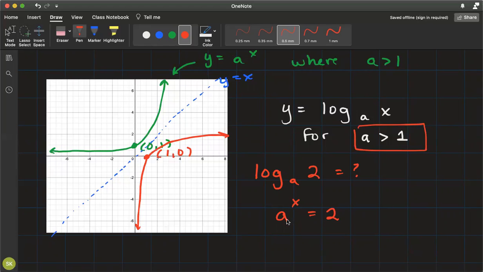Well, this number has to be greater than 0, because if I put in a 0, I get 1. And if I put something like 1 in, well, that depends on what a is. But it's definitely going to be greater than 0, which is why you can see that this picture of this line is above this axis here. And the bigger the number you plug in, the bigger the power. That's why it's getting higher and higher.